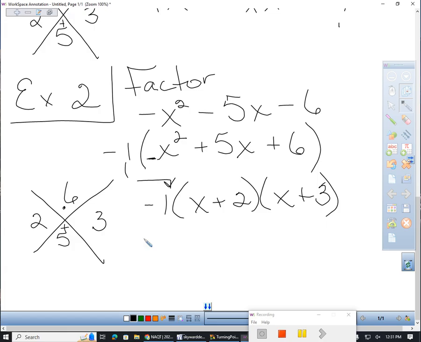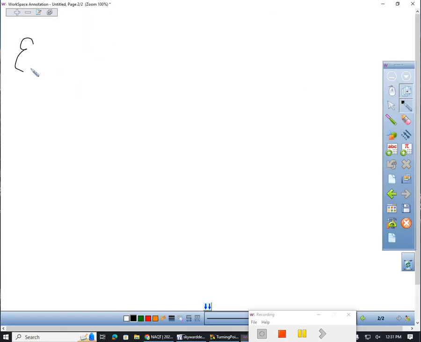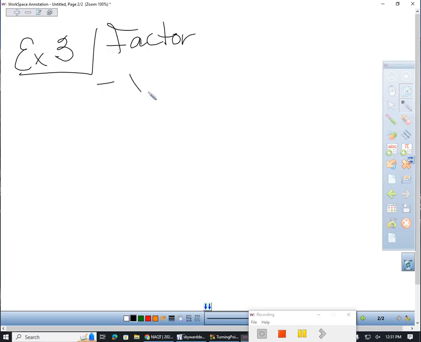Example number 3. How about negative x squared plus 13x minus 12?